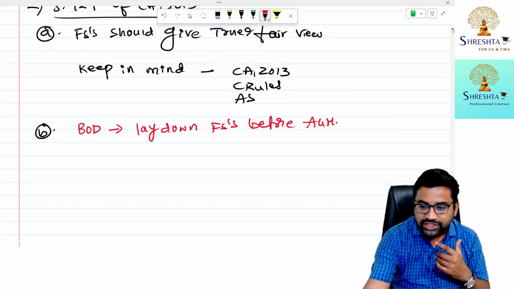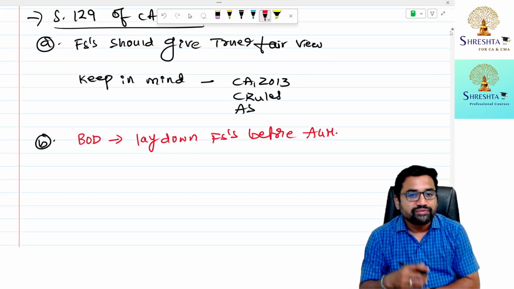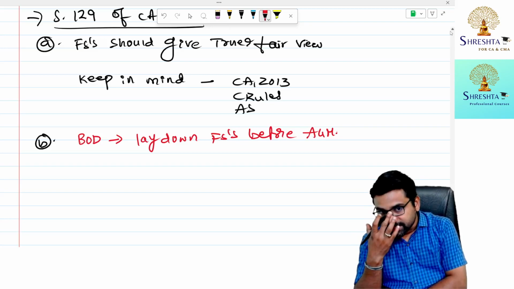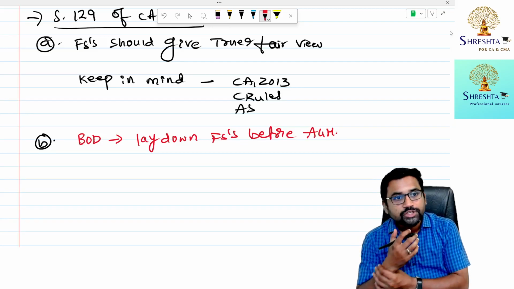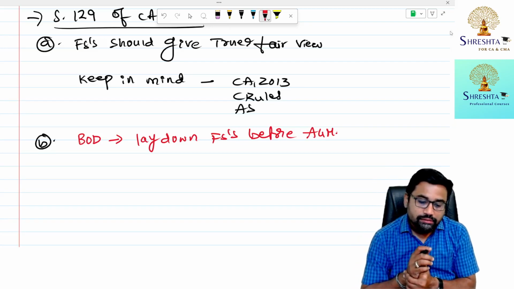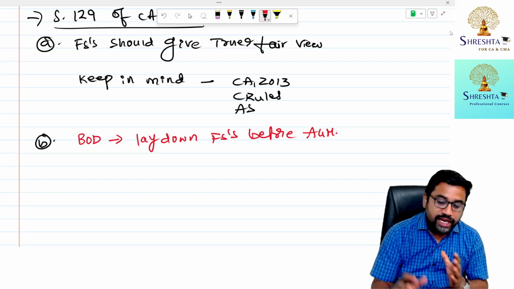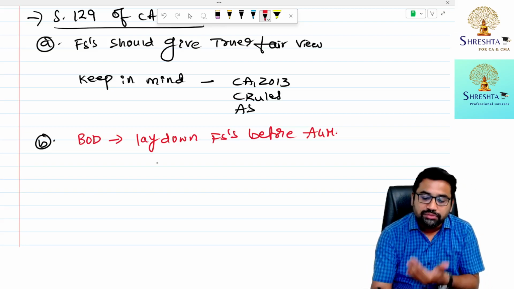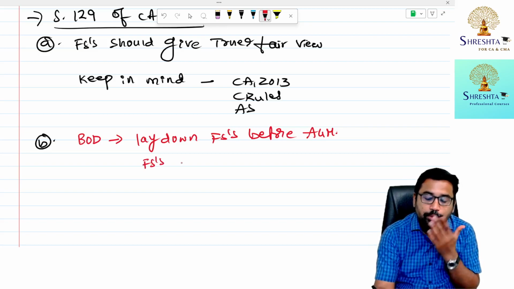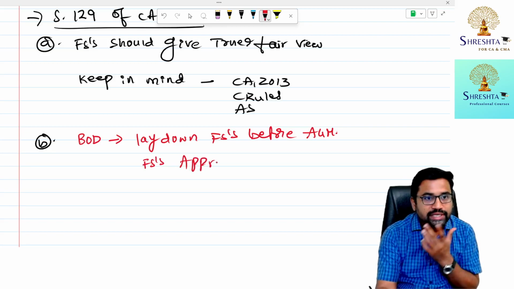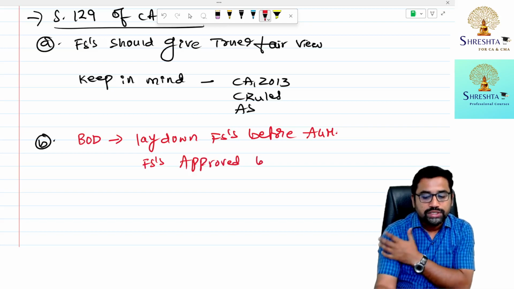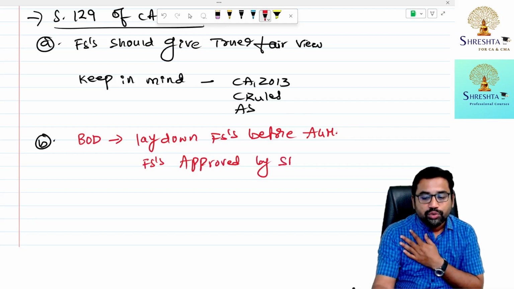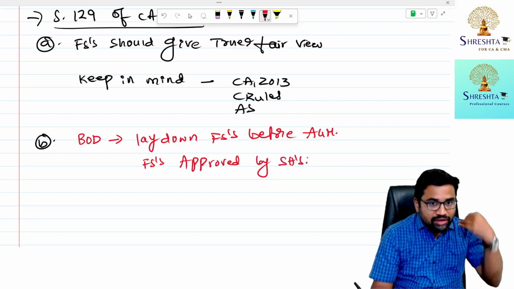They have to take charge and make sure that every company prepares financial statements. Once laid down in the AGM, the financial statements will be approved by the shareholders, the owners of the company.